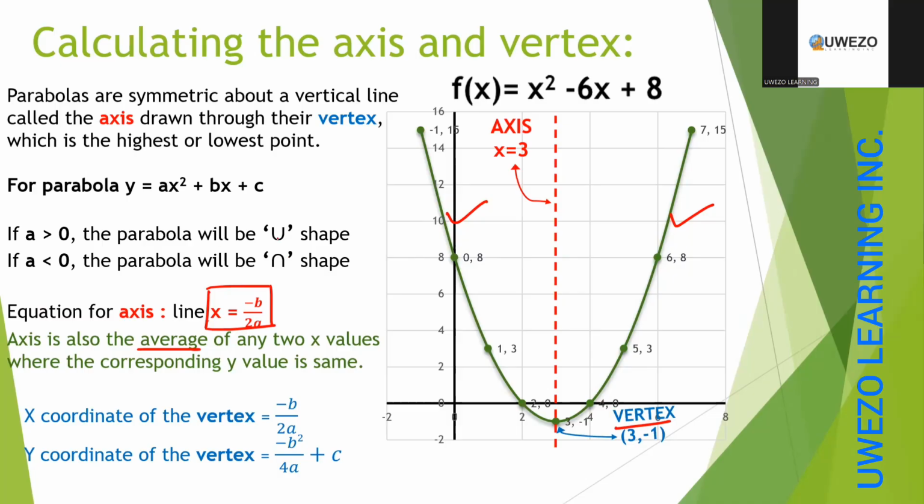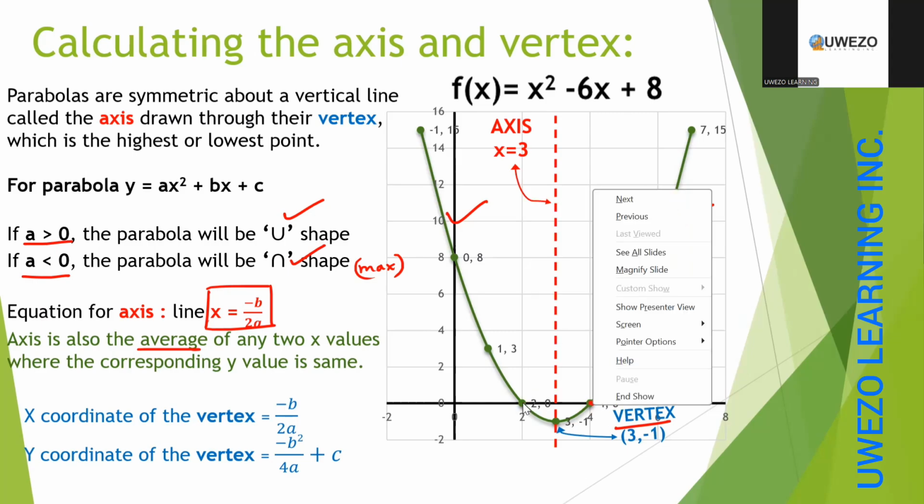If we have a U-shaped parabola, then it is the minimum point where the a value will be positive, and if a value is negative, it will be an inverted U-shaped parabola where we get a maximum. For example, for the function f of x equals x squared minus 6x plus 8, the x-intercepts are 2 and 4.